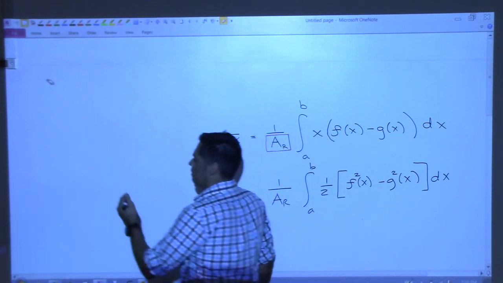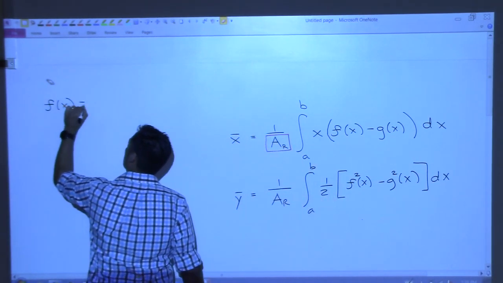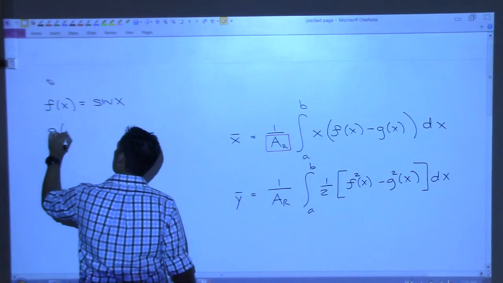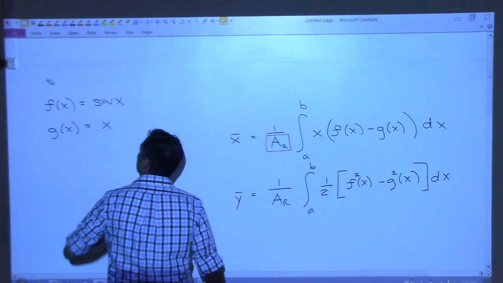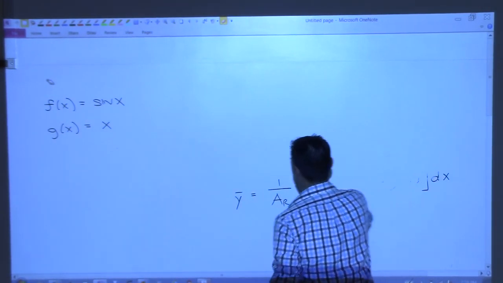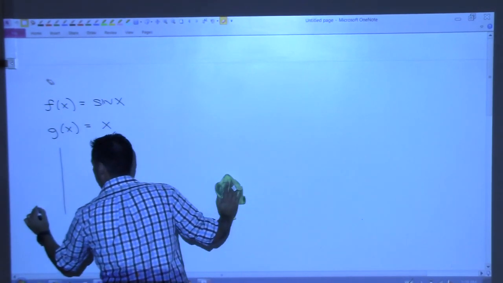That sound good? Let's take the function f of x equals sine x and g of x equals x, and let's look at this just in the first quadrant.